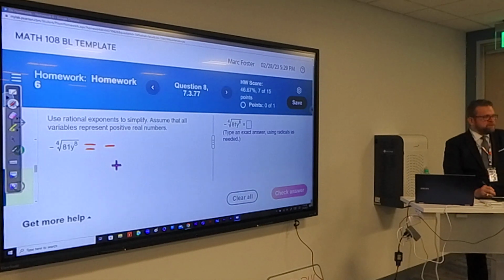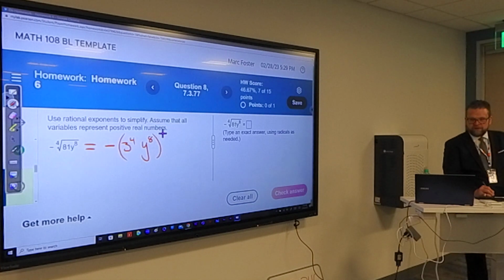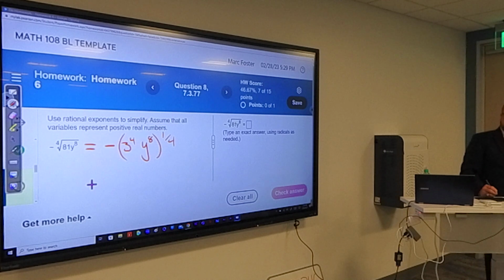So 81 is 3 squared times 3 squared. That's 3 to the 4th. And y to the 8th is a multiple of 4. So this will simplify completely.